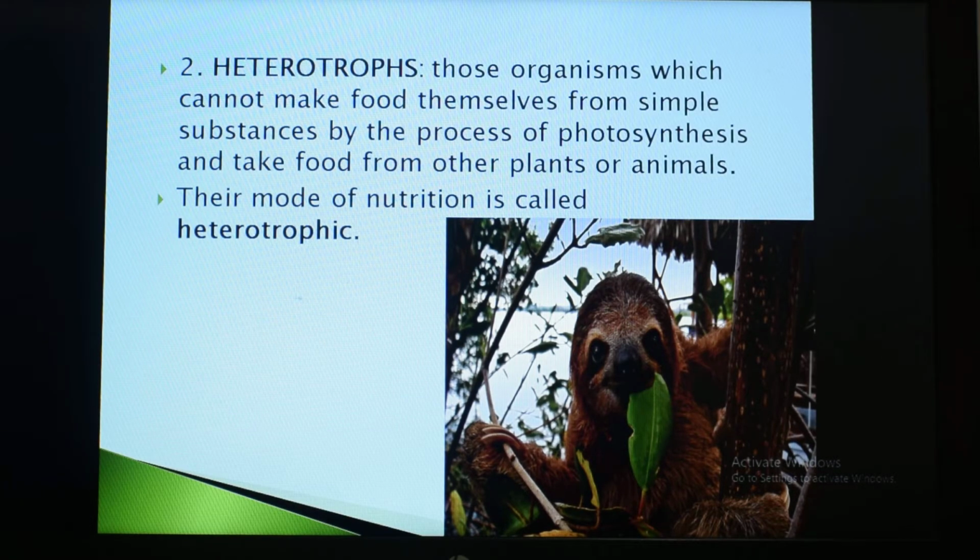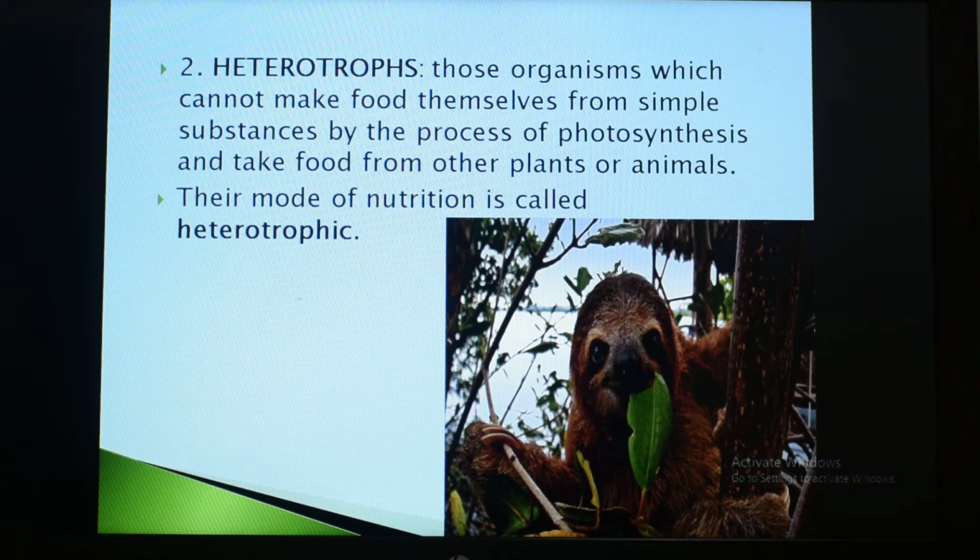The non-green plants called fungi, such as mushroom, yeast and bread molds, are heterotrophs. They have heterotrophic mode of nutrition. Certain bacteria are also heterotrophs. All the animals, including human beings, are categorized as heterotrophs because they cannot make their own food.